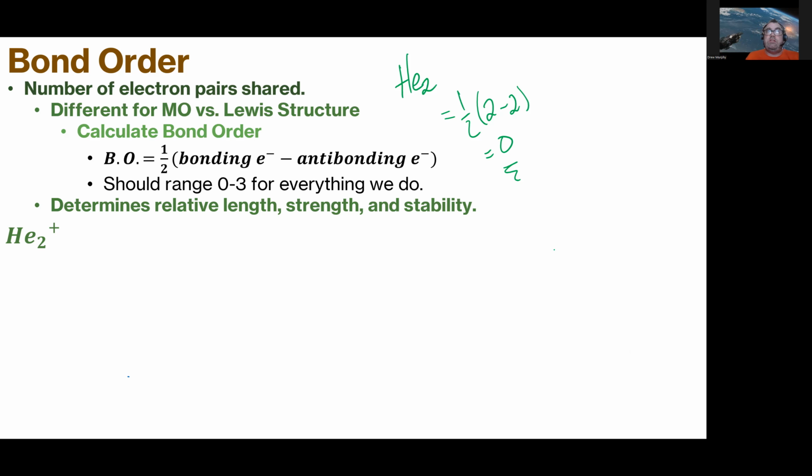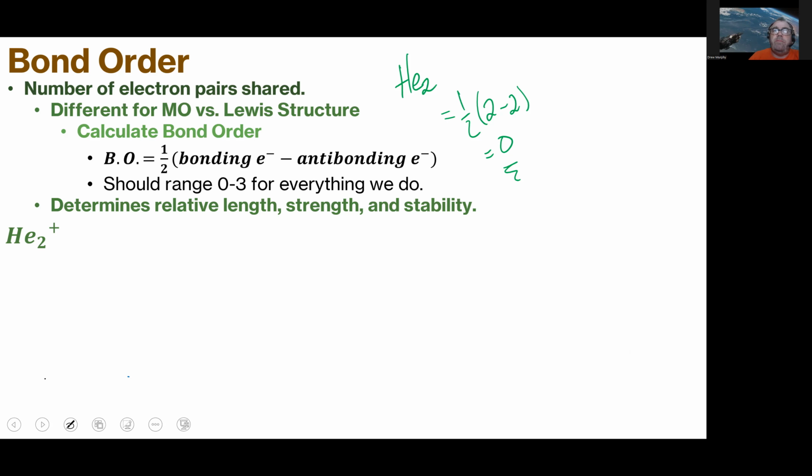Remember, the bond order is going to give us relative length and strength and stability of the bond in general. The higher the bond order, the stronger the bond, the shorter the bond, and all that fun stuff.